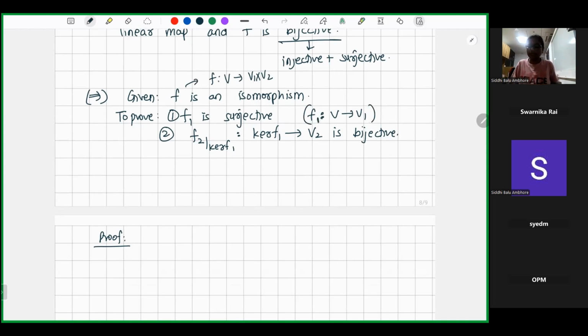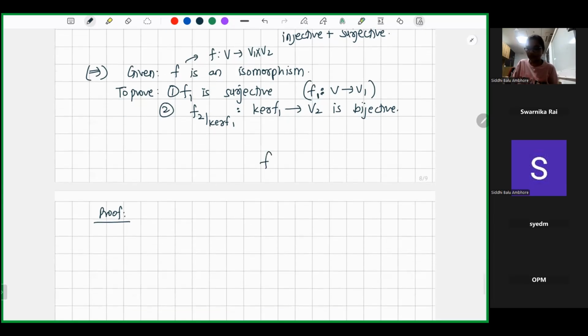So F1 being bijective or an isomorphism does not really help to declare that F is an isomorphism, because I can very well define maps such that even though F1 is an isomorphism, F need not be an isomorphism.